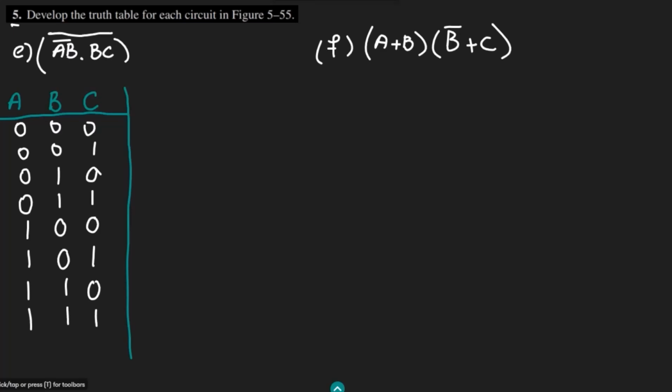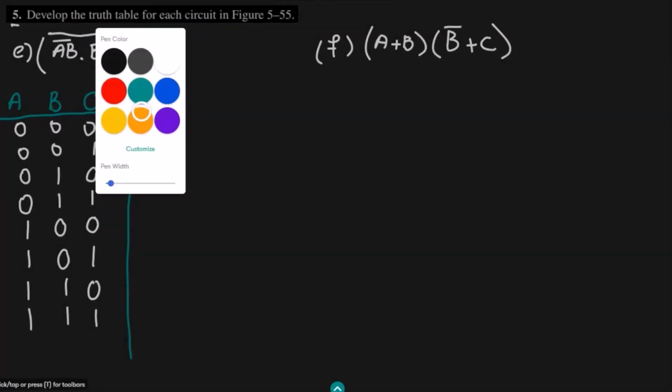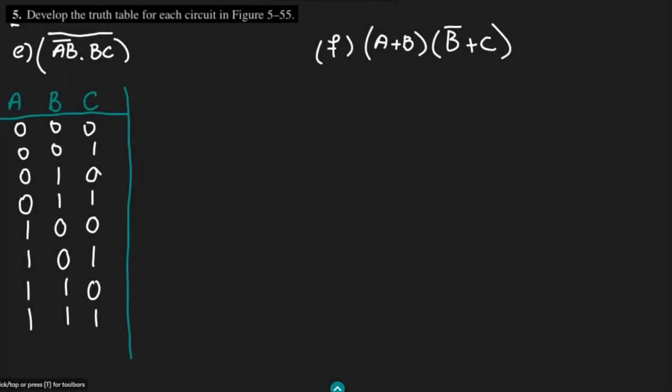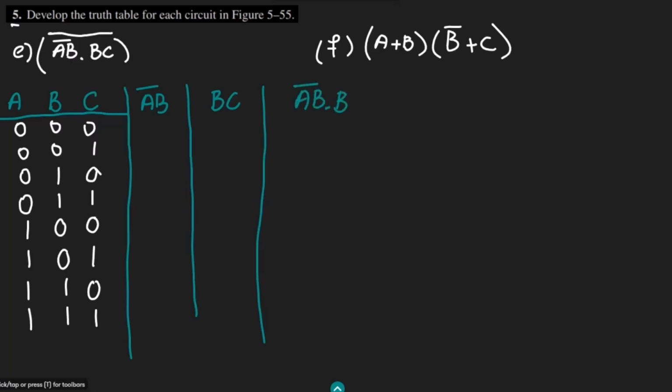On the basis of it we have to see what the values of these inputs are. Let me write the parts of my input here. The first part of it is A B complement. After it I have to write BC. Then AB complement dot BC.